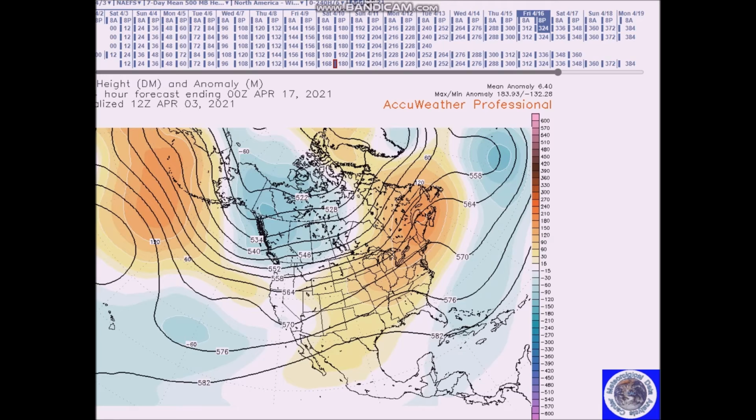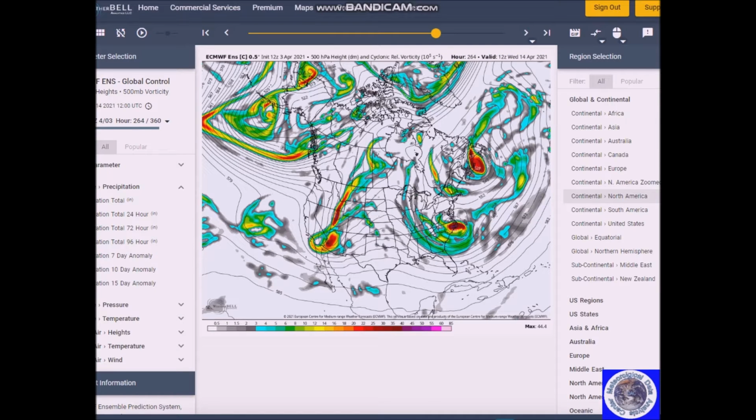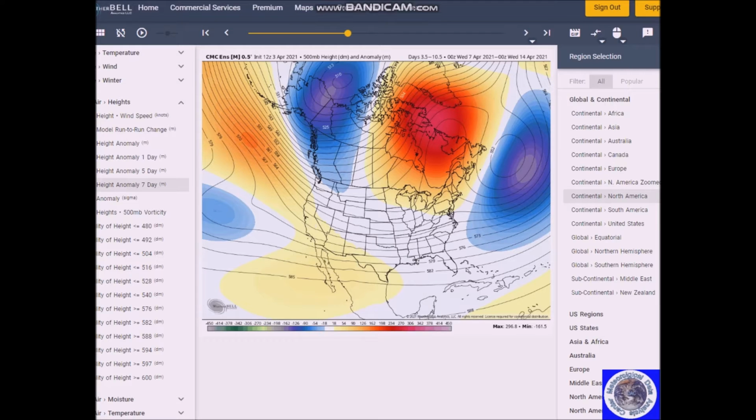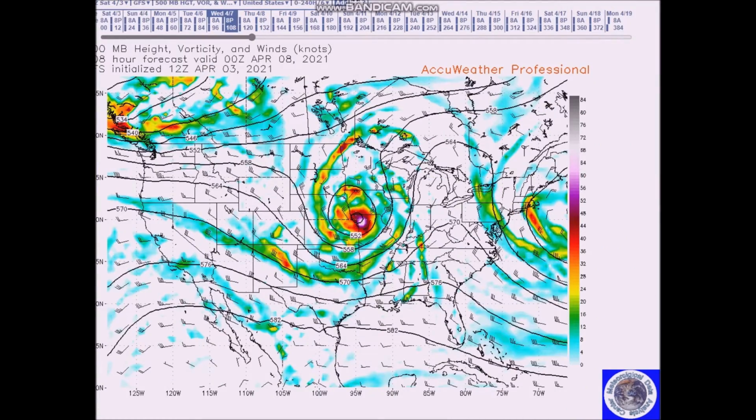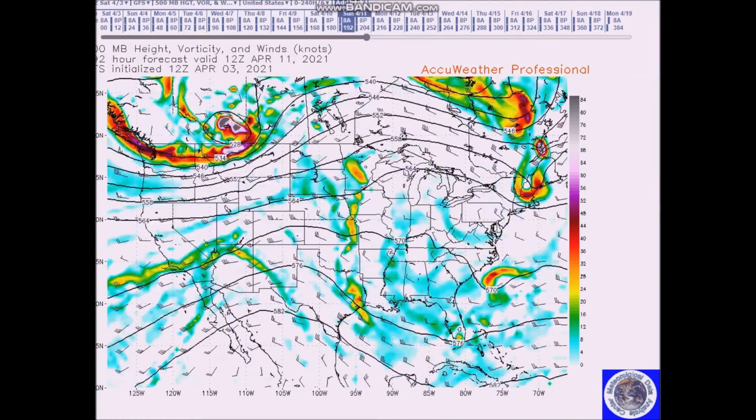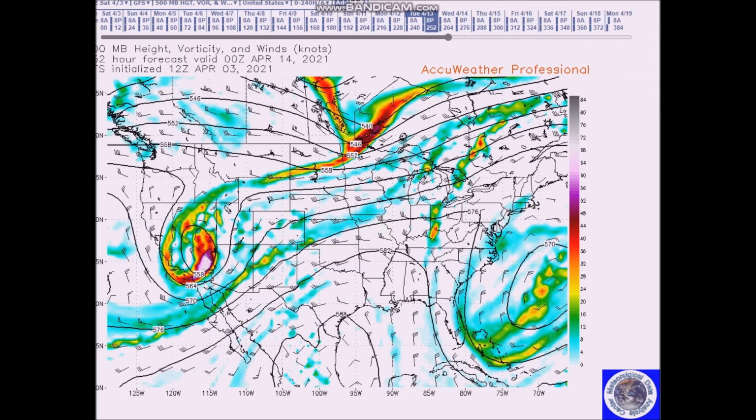Now we'll take a look at the ensemble means, and here's the upper low here, and here's another system moving into the southwest. This is the only model that shows that. As we look at the European, is this the right map? Let me see, back up a little bit. Oh, right here. This is the GFS.